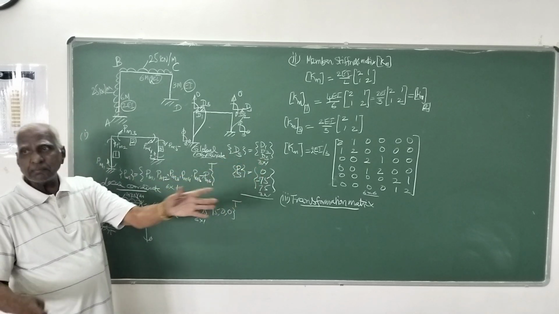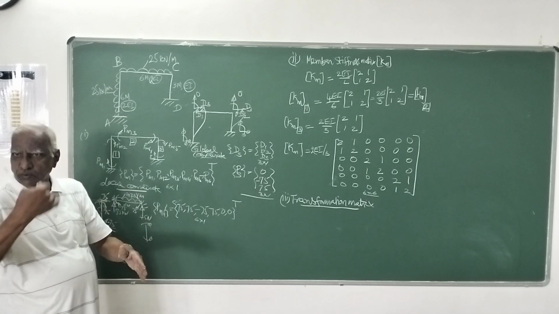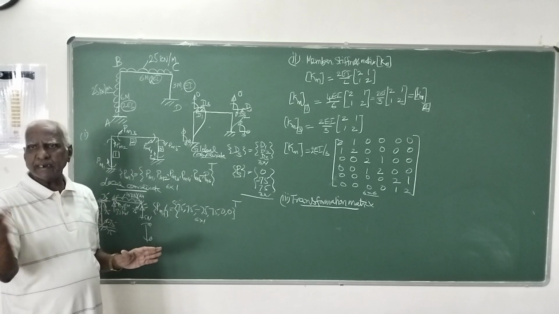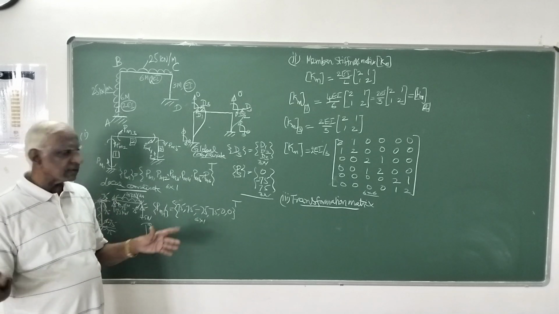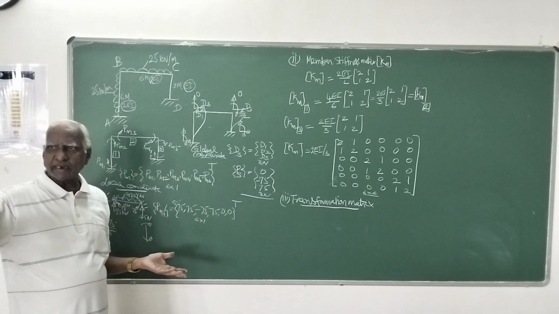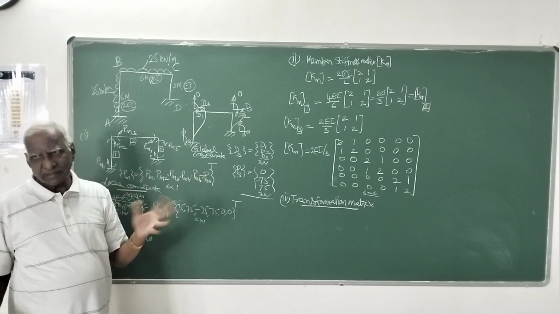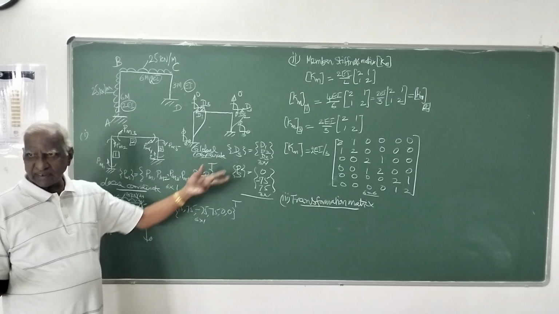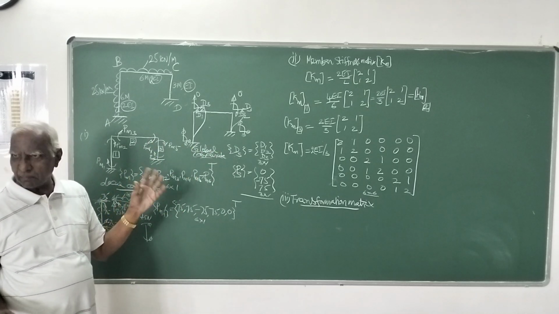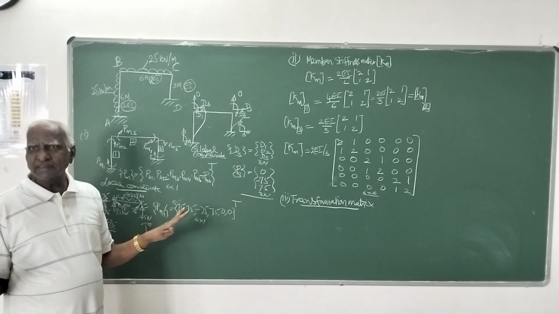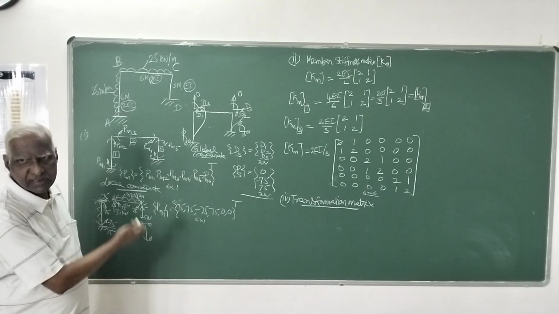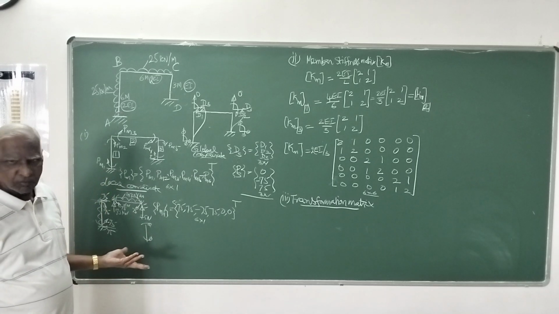So the stiffness matrix also you have to convert into the global stiffness matrix, so that you can use the force displacement relationship PS equals KS ds. From that you can evaluate ds. Then finally you can determine PM also. The 7 steps I have already told, the same 7 steps you have to follow here also.